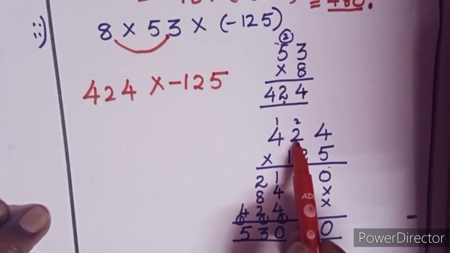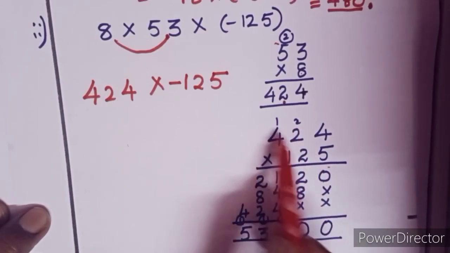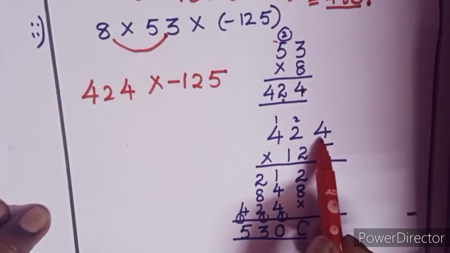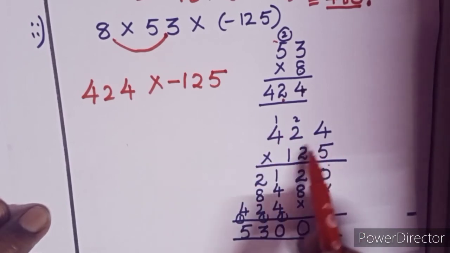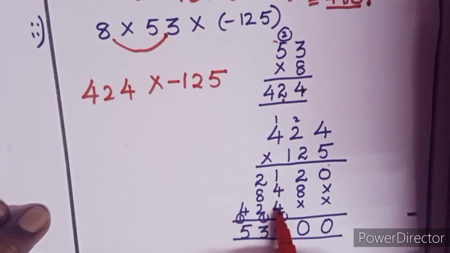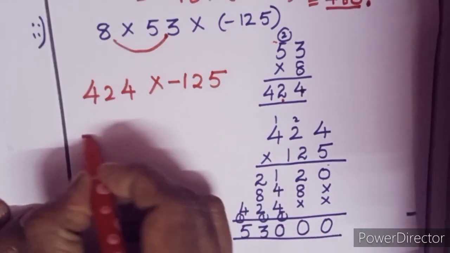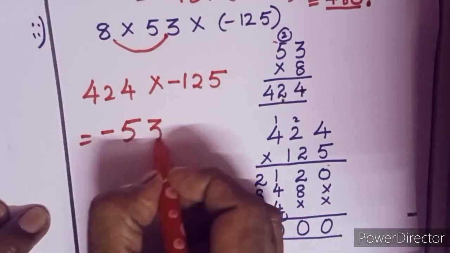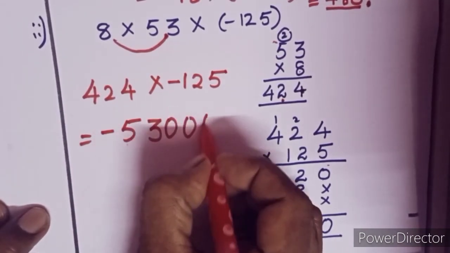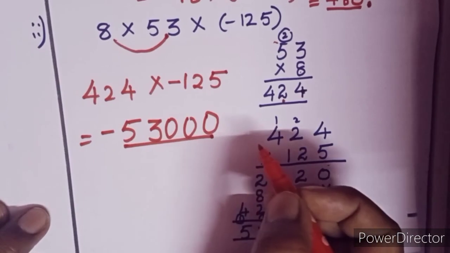Let us multiply. 4 5s 20, 5 2s 10, 12, 5 4s 20, 21. 4 2s 8, 2 2s 4, 4 2s 8. Next 424 ones 424. So we got the answer as minus, plus into minus is minus 53,000.